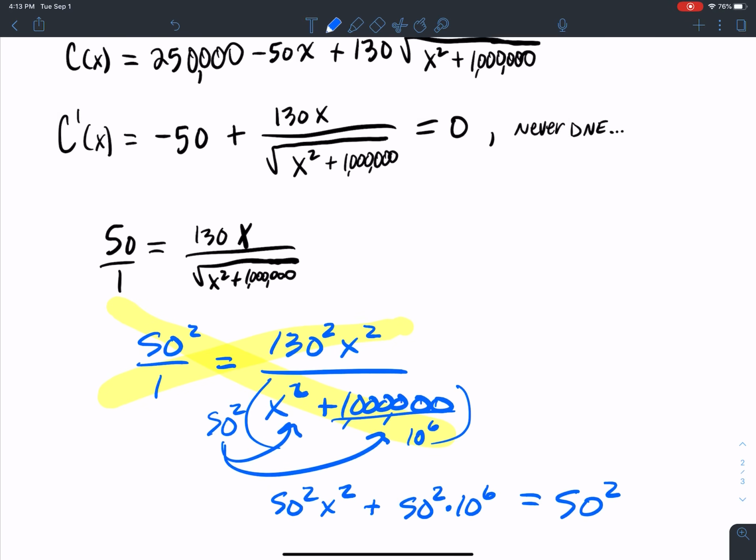So let's go through here and see if we can't simplify a bunch of this mess. Okay?